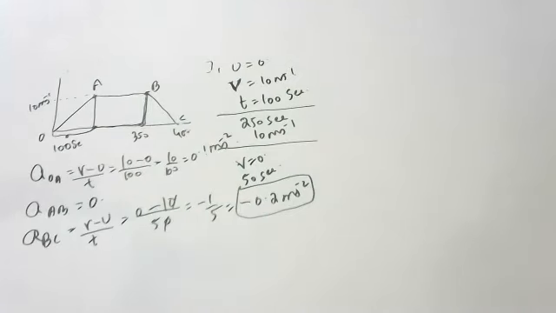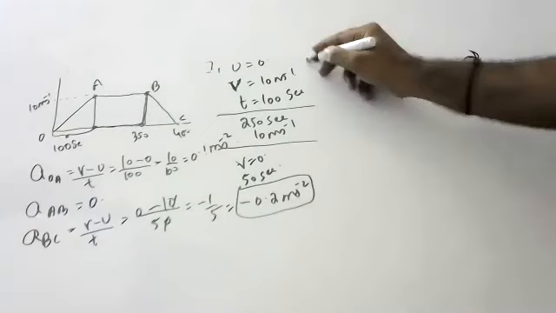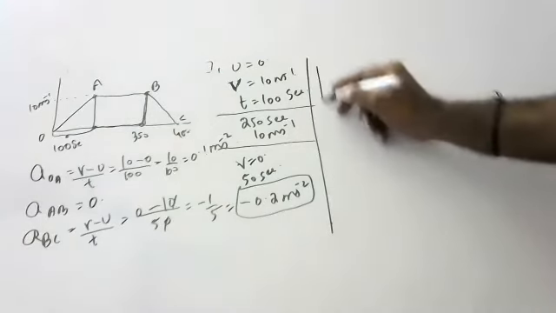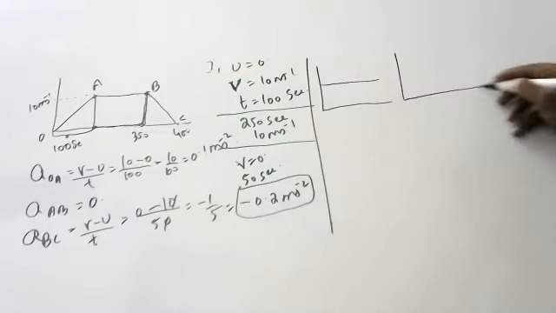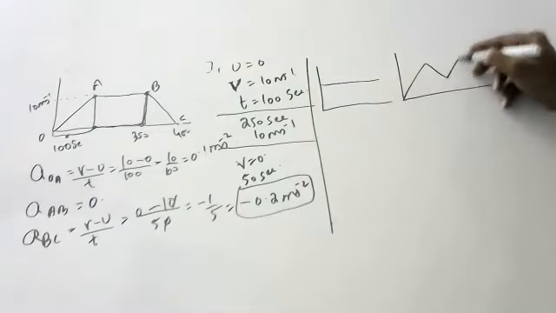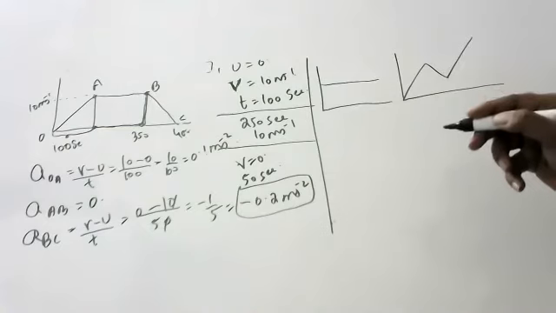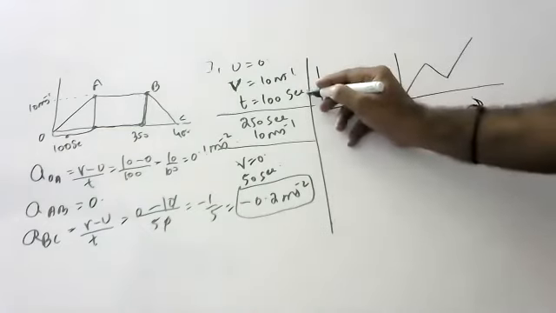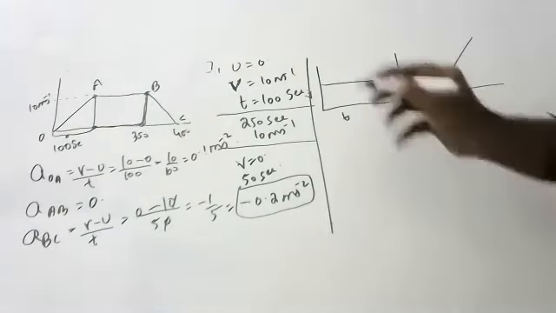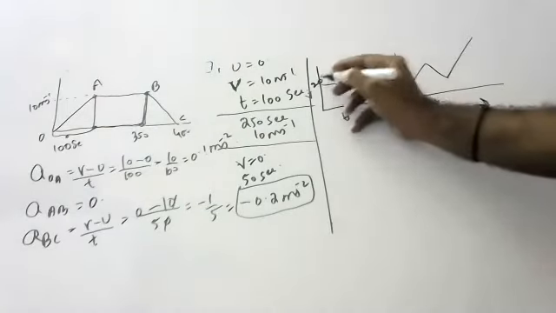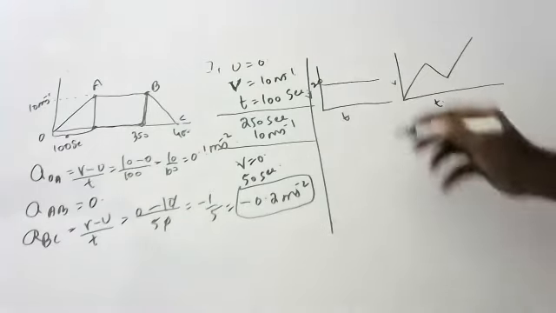So two graphs are given like this. See here, one graph is like this. This is a velocity time graph, and this is also a velocity time graph. Here the velocity is 20 meters per second, and time is 1, 2, 3, 4.